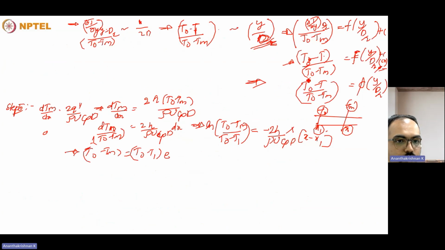So I beg your pardon, there was a confusion regarding the Peclet number. Peclet number is UD divided by alpha.